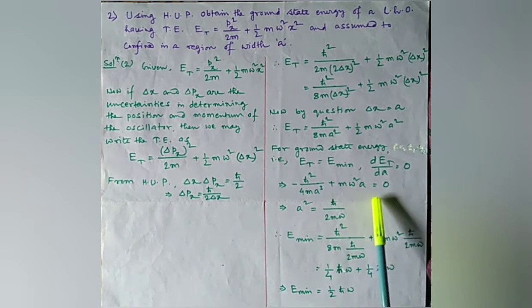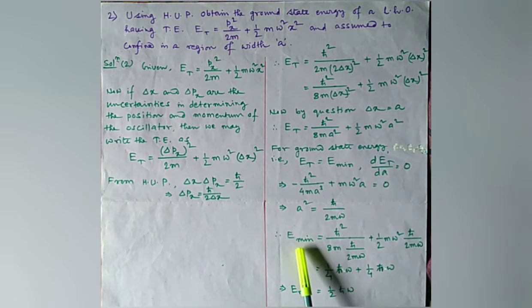Putting this value in this equation, we get the minimum energy as half h bar omega, and this is the ground state energy of the linear harmonic oscillator.